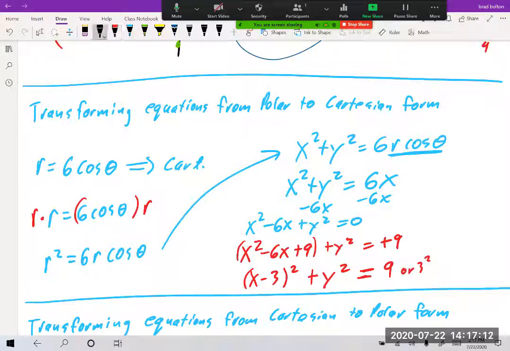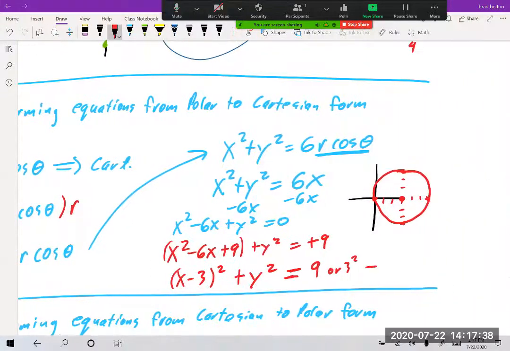And the reason you want that is because then you can write this as a circle with a radius of 3, and it shifts over to the right 3 and up 0, and then we go up 1, 2, 3, down 1, 2, 3, here 1, 2, 3, and we now have a circle of radius 3. So that's what this shape is right here.